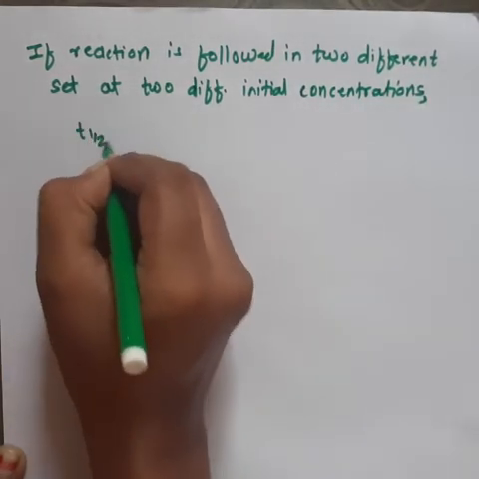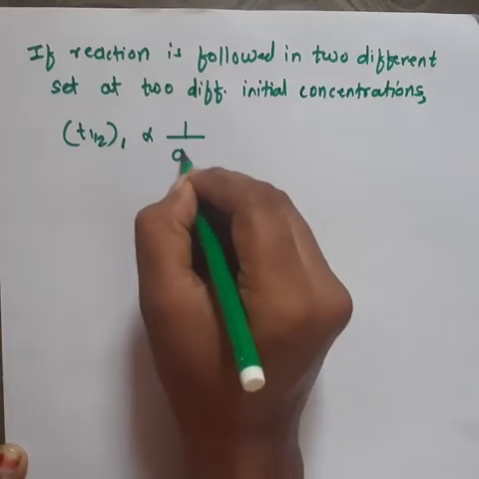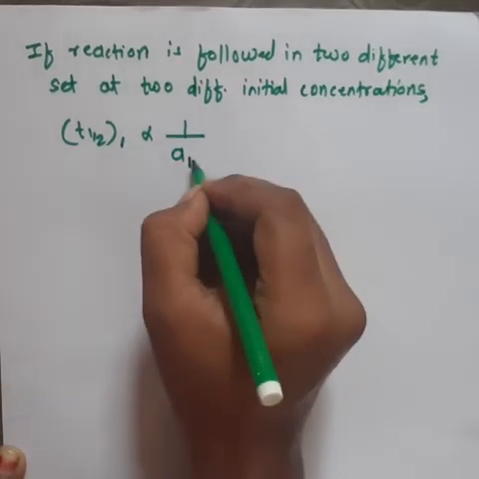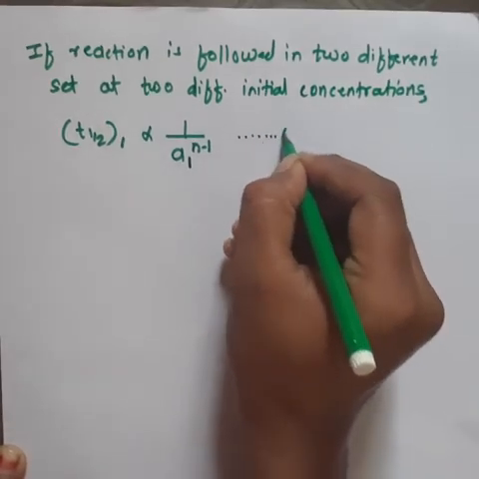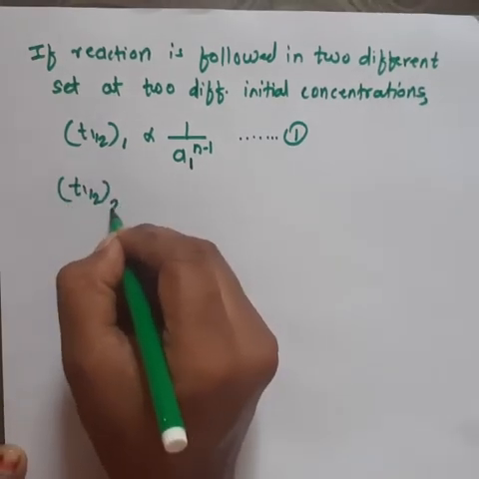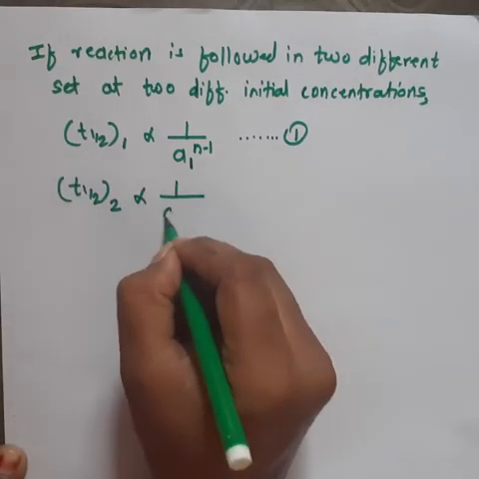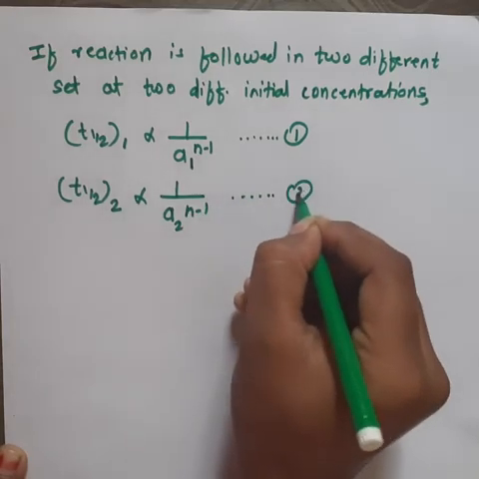T half at initial concentration 1 is proportional to 1 upon A1 raised to n minus 1. This is called equation 1. And for the second initial concentration, T half 2 is inversely proportional to 1 upon A2 raised to n minus 1. This is called equation 2.